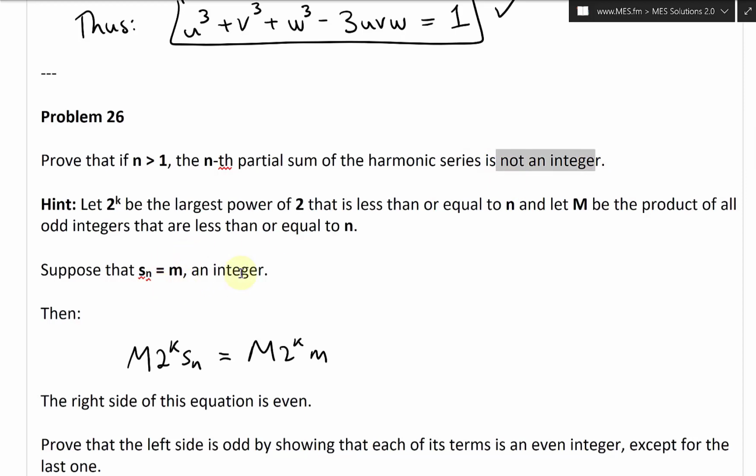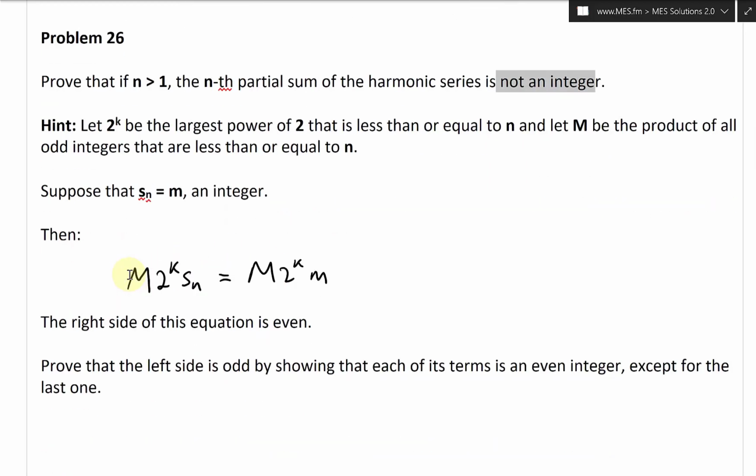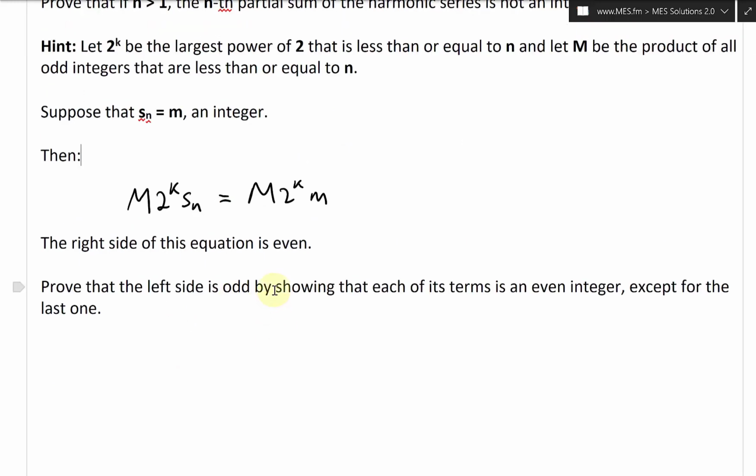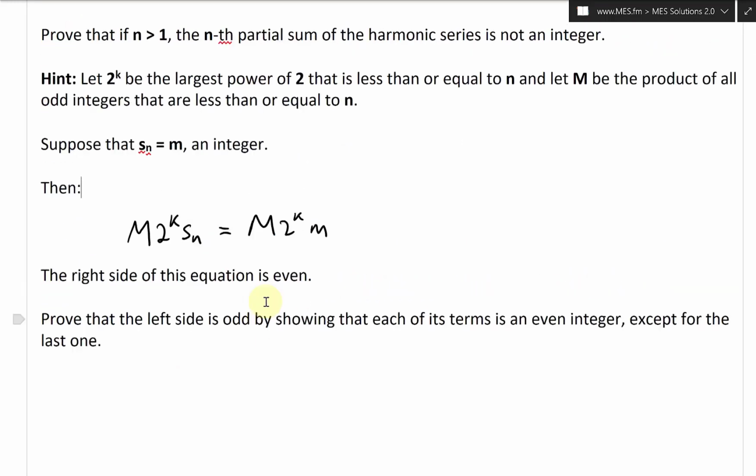But first, if you do assume it is equal to an integer, then multiplying this number, capital M, by 2 to the power of k times S sub n equals M times 2 to the power of k times m, and the right side of this equation is even, and we'll show that soon. And then we're asked to prove that the left side is odd by showing each of its terms is an even integer, except for the last one.